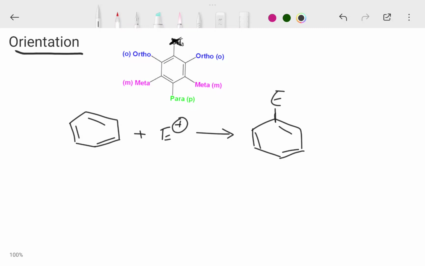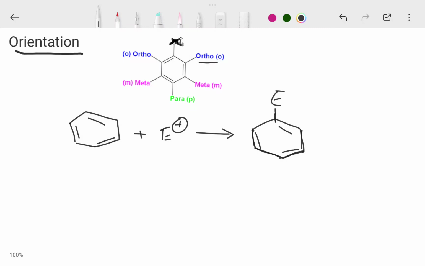These five positions are different from each other. These are again classified into three types.